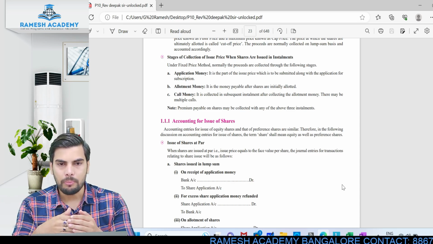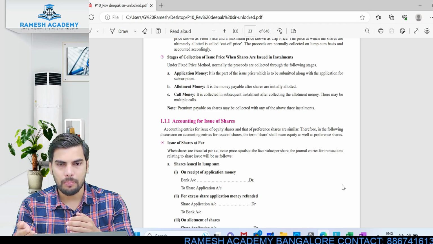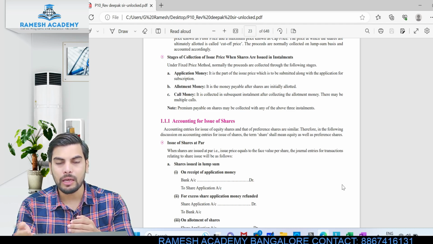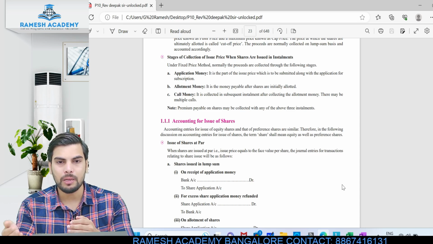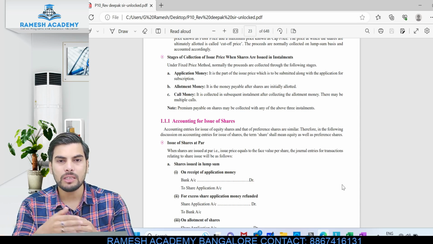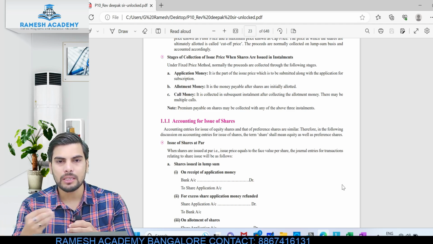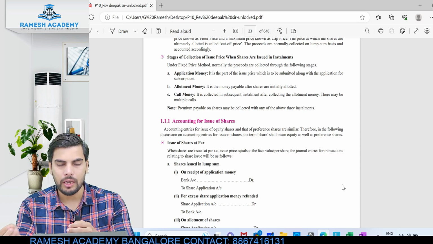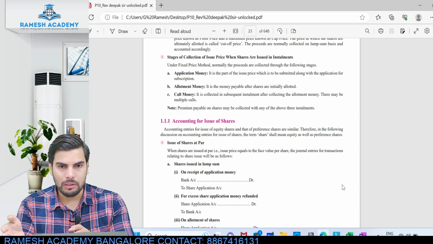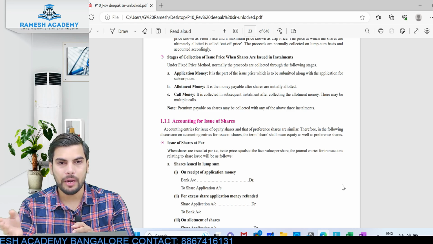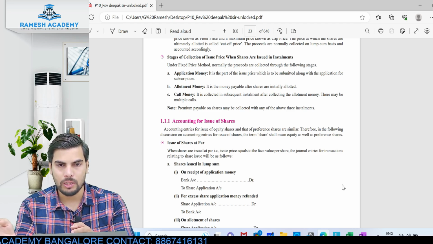Although the company is issuing 10,000, public are coming forward and purchasing 12,000. Whenever they are purchasing the application, they would have paid the application money to the extent of those 12,000 shares.